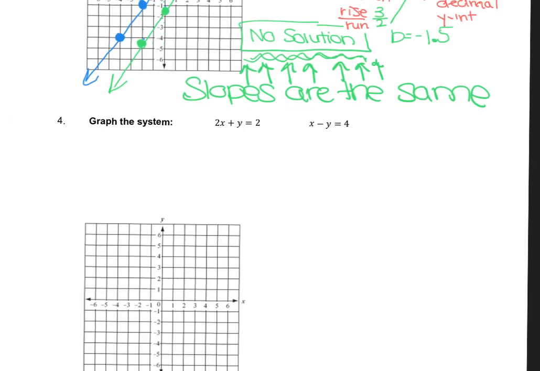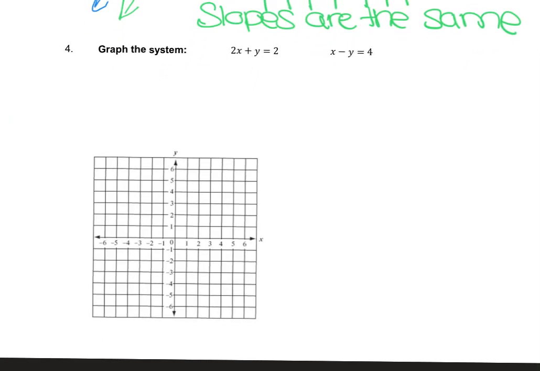All right, let's look at number 4. So again, getting y alone. We're looking at the first equation, drawing our river. We want to get this y alone, okay? We need to be getting the 2x to the other side, so we're going to subtract it from both sides.